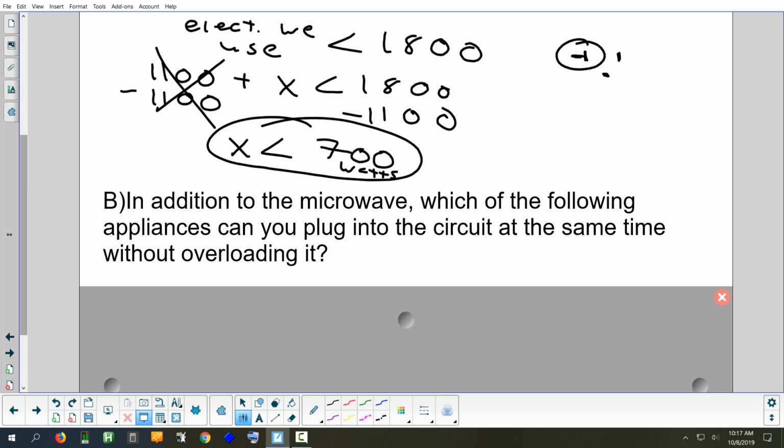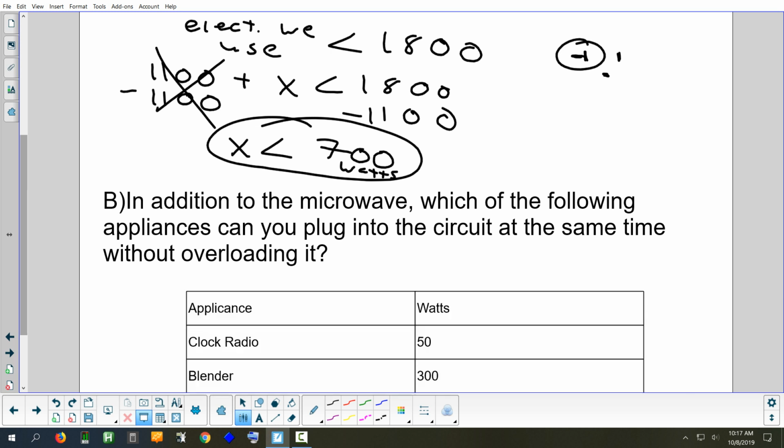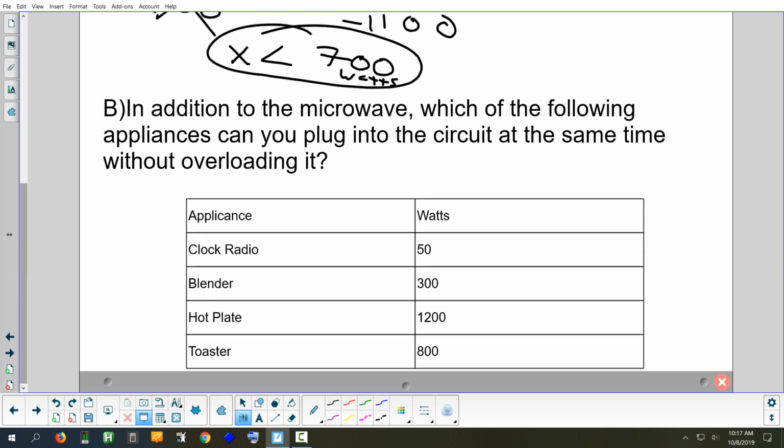All right, so we know how much electricity we can use, right? You just have to use less than 700. So they give us a chart, and they want to know which things we can plug in one at a time without overloading the circuit. Not all together, but we have to use less than 700.